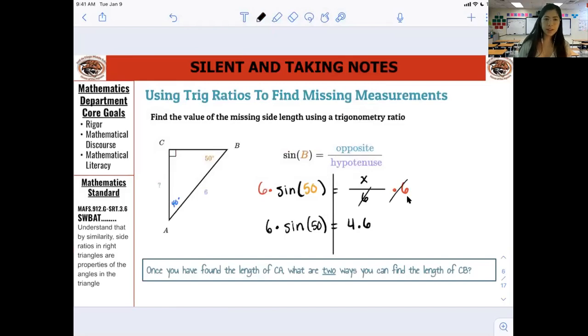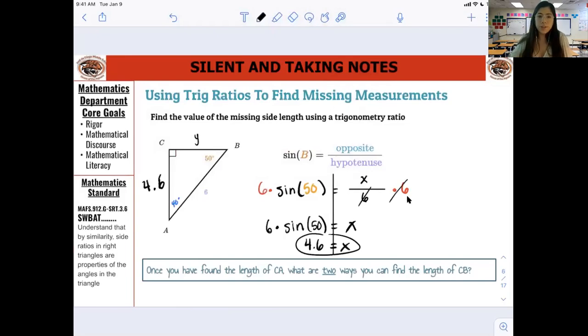Now, let's answer this little question. Now that I've found the length of CA, let me write this a different way. So 4.6 equals x. There we go. So now that we know that x is 4.6, what are 2 different ways that I can now find the length of CB? I'll call this y.